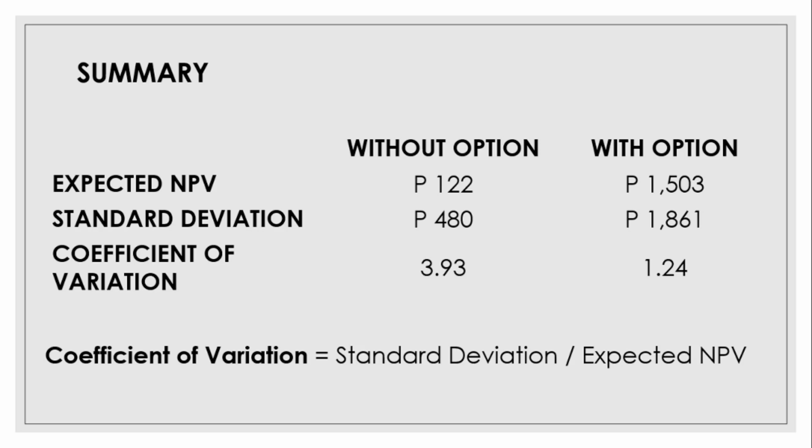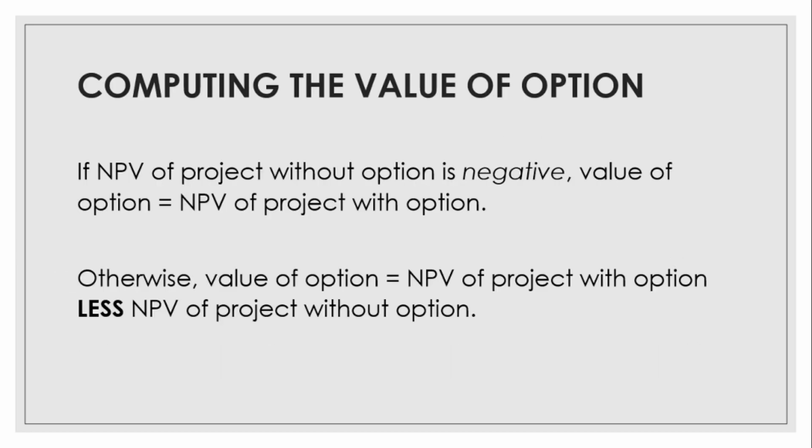Now, we will compute the value of the option. In computing the value of the option, we have these rules. If the NPV of a project without option is negative, then the value of the option will be equal to the NPV of the project with option right away. Otherwise, the value of the option will be equal to the NPV of the project with option less the NPV of the project without option.